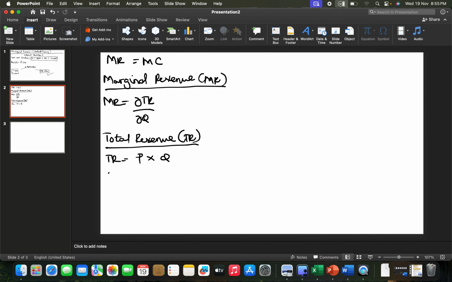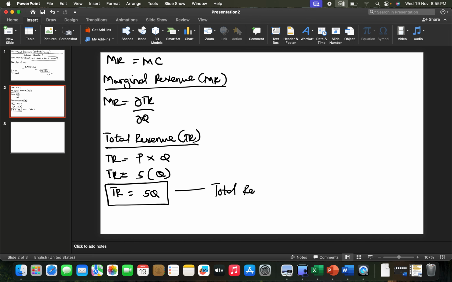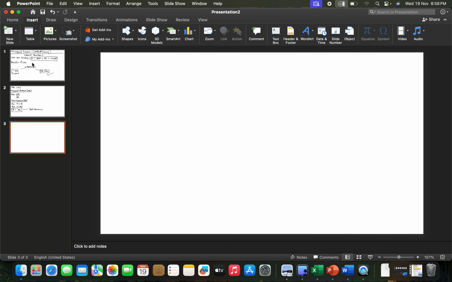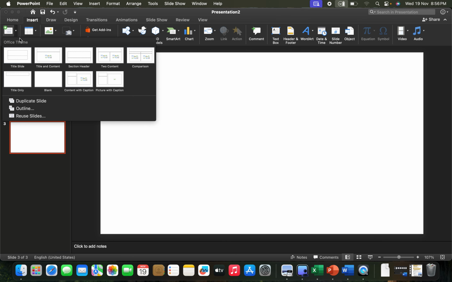We're given price in the question. That was 5. So 5 times Q. So it means total revenue is equal to 5Q. So this is our total revenue.